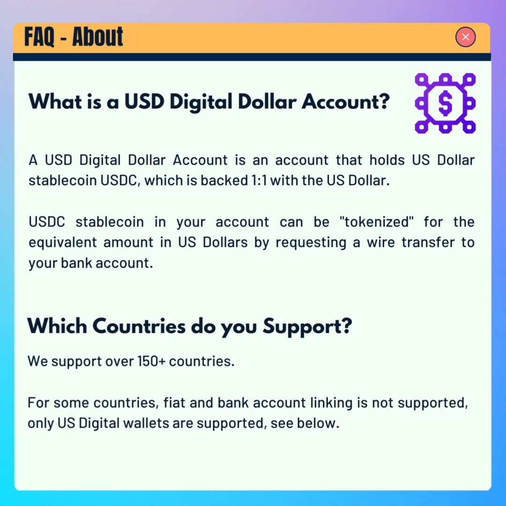And you can easily do wire transfers to and from your bank account. It's again backed one to one by a US dollar. None of this involves any kind of speculation or anything. So that's what a USD digital dollar account is.